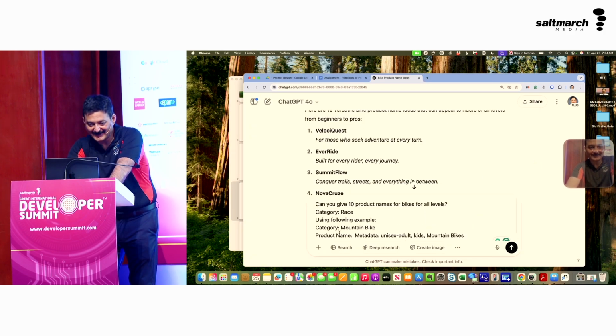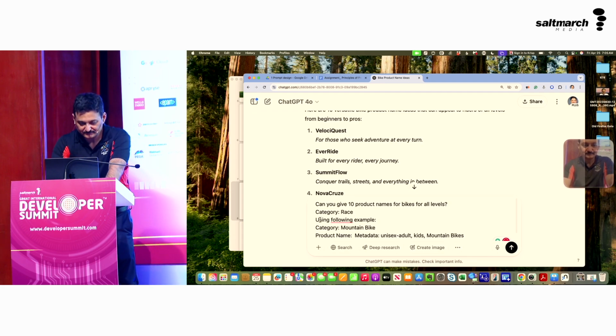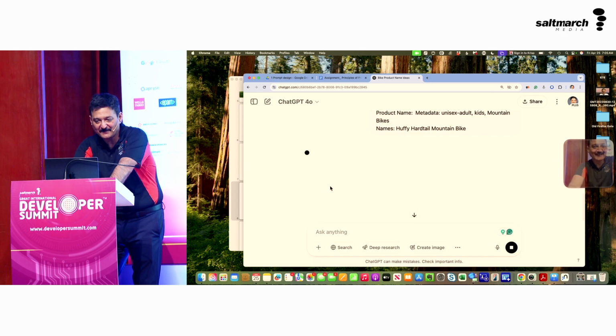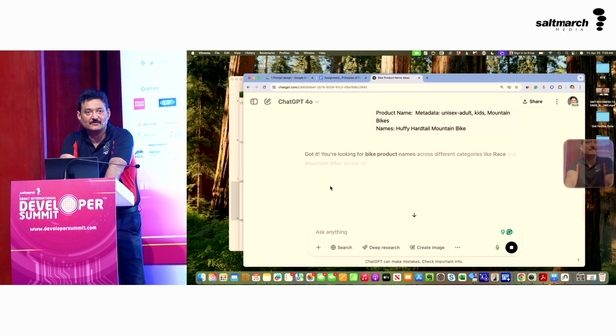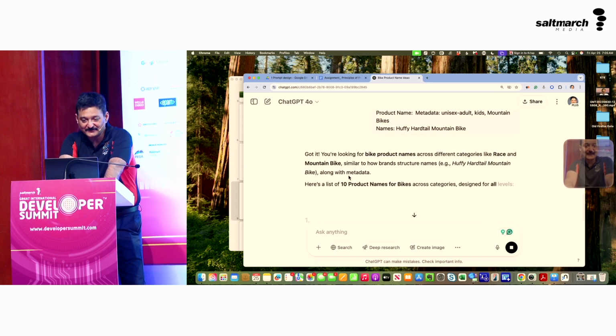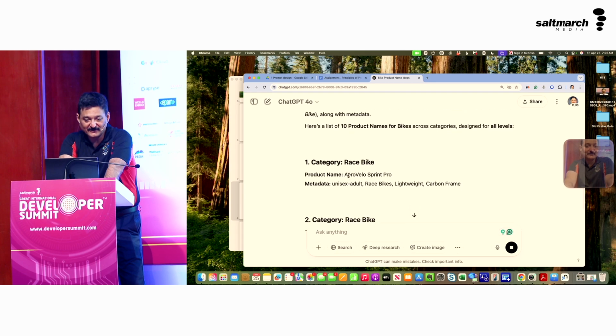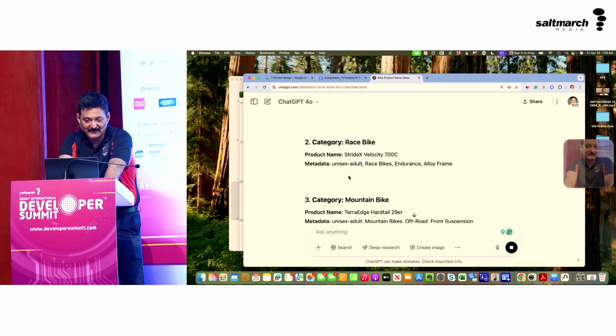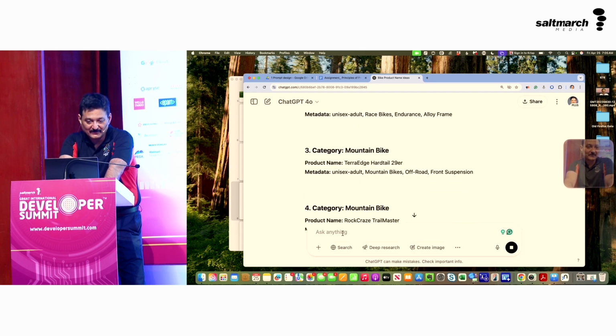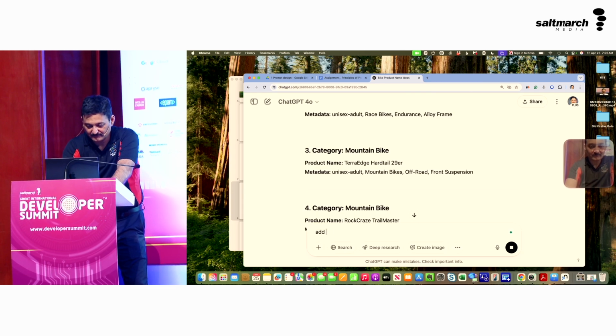I want the same thing: category, race, example. With this example, give me the race, the values here. When I did that, now it's able to give me the metadata for it and then the product name. You see? Add a manufacturer.